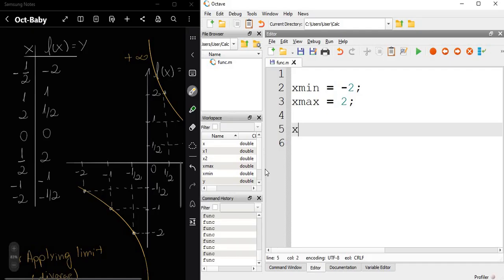Now let's construct our axis. We will use the function linspace to build this axis.